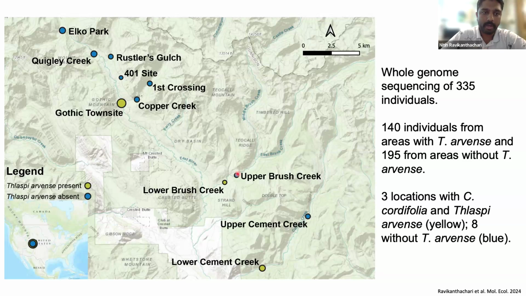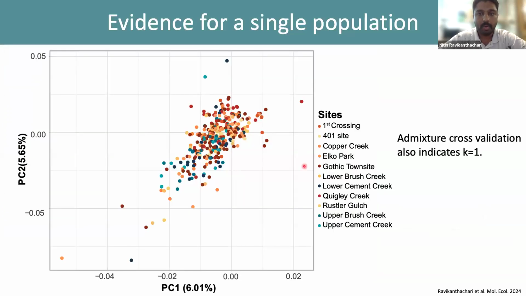The first thing we wanted to see was if there was any population structure in the butterflies among these sites. We found no evidence for population structure. Our PCA results as well as our admixture results indicated that the entire valley was comprised of a single population. We then tested if there were any signs of genetic differentiation among sites, using FST measures.